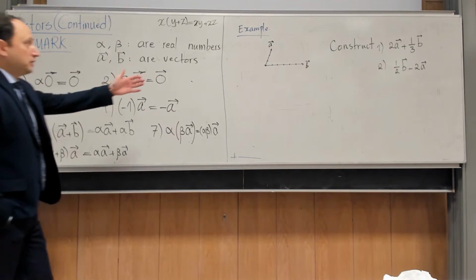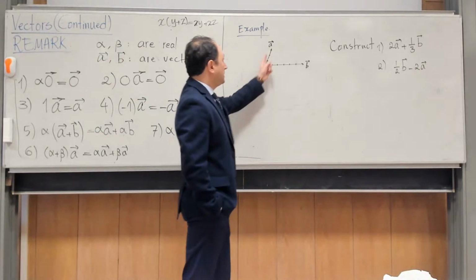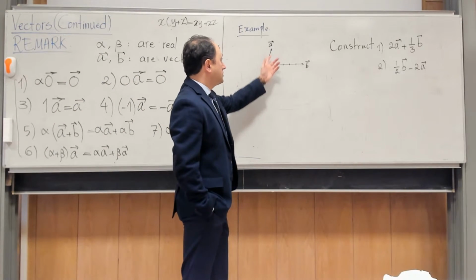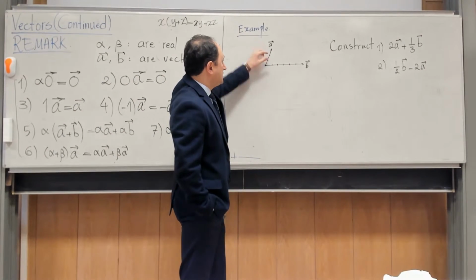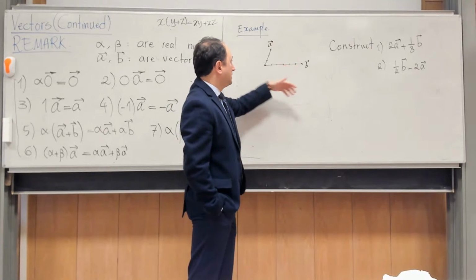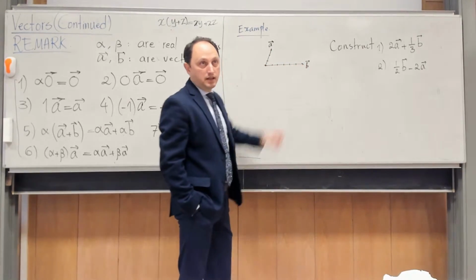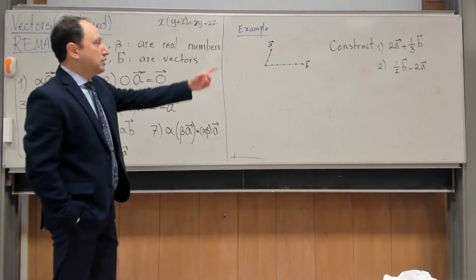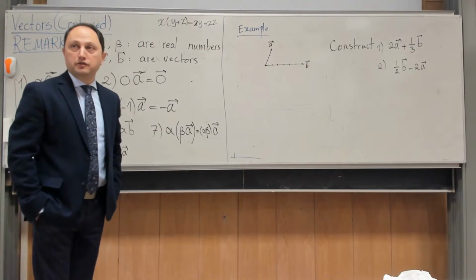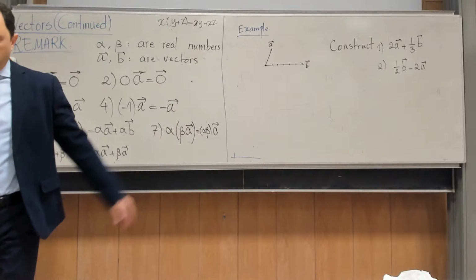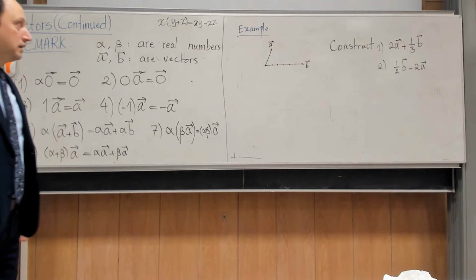This is something I want you to learn. I have given you a picture including 2 vectors. I have put these dashes on it to emphasize that this is 3 length units and this is 6 length units. And I want you to construct 2a plus 1/3 of b. This is something that you need to know very well.